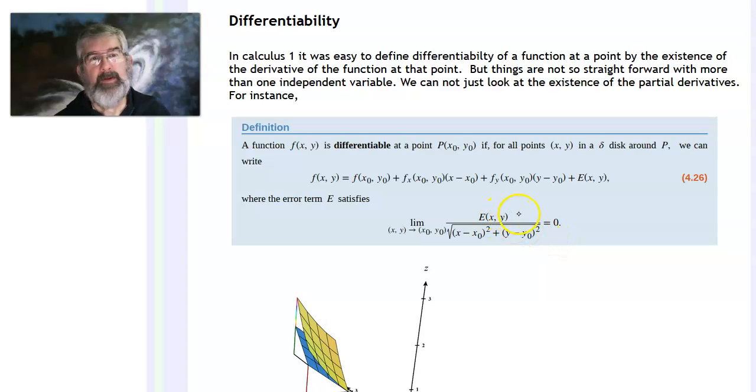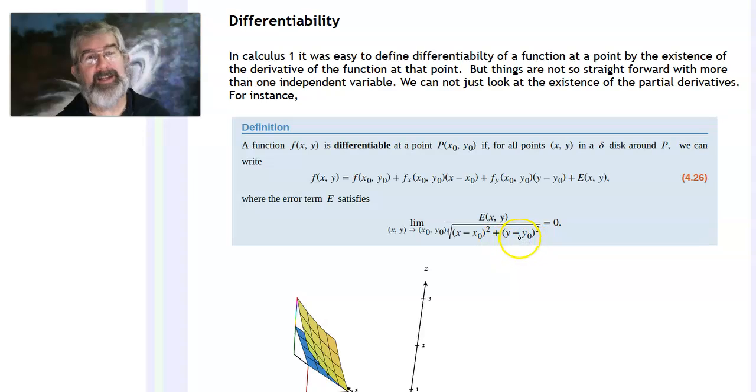Now notice, the denominator is going to 0. And so this denominator really wants this limit to be big, right? When you try to divide by 0, your answer is going to be big. So in order for this limit to be 0, not only does the error have to be going to 0, it has to be going to 0 faster than x, y is getting to x0, y0, right?